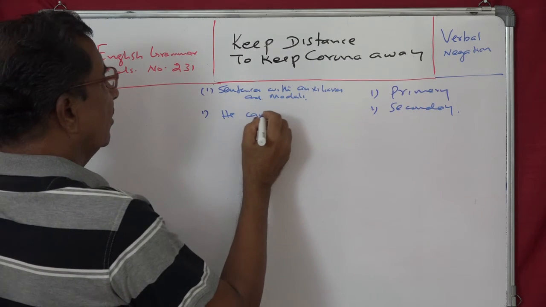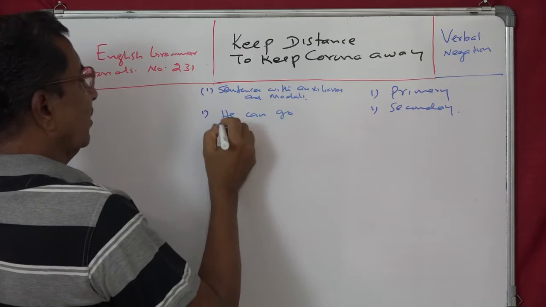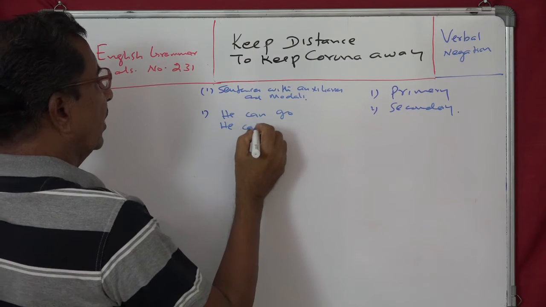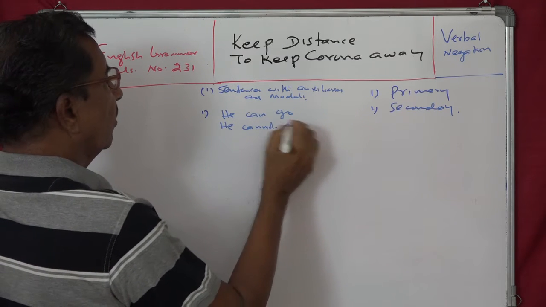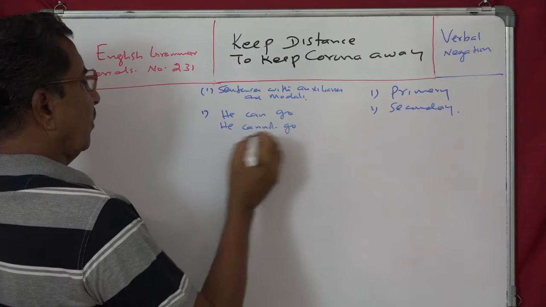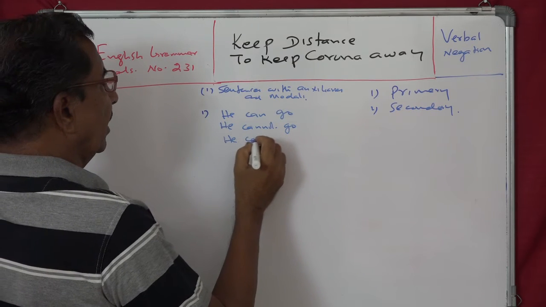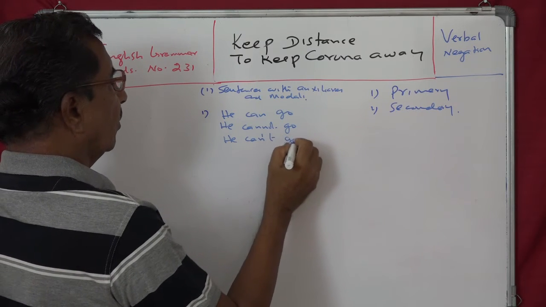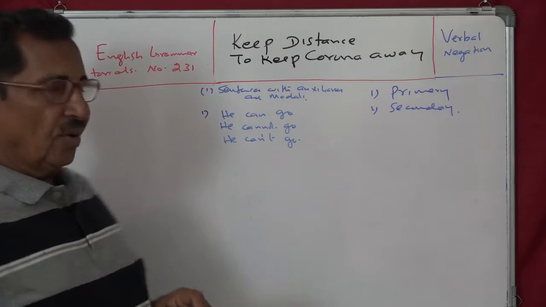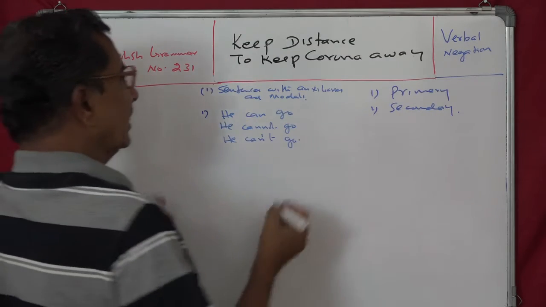It's a modal, no? He can go. The negative will be he cannot go. And the short, contracted form will be he can't go. That's it.